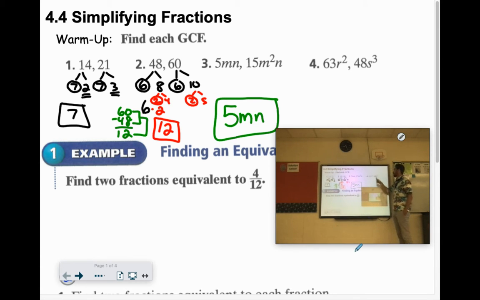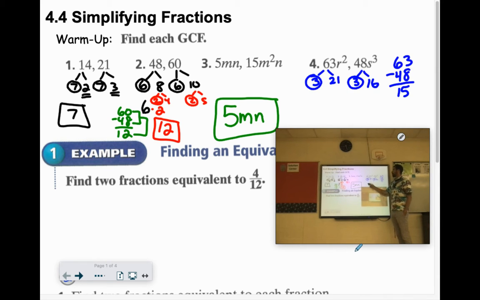Last one of these, 63 and 48. Well, let's see what 63 minus 48 is. That's 15. So it would also have to go into 15. 15, I know 5 is a multiple, but 5 doesn't go into these. Also, 3 is a multiple. 3 does go into these. So 63 is 3 times 21. 48 is 3 times 16.